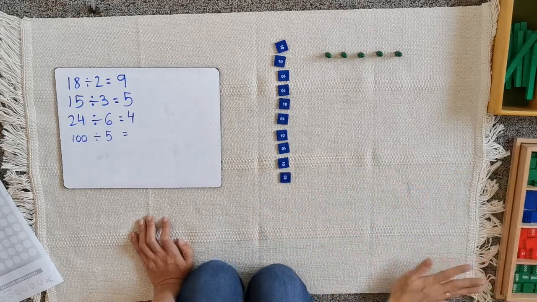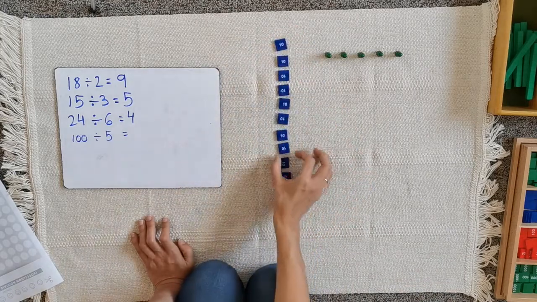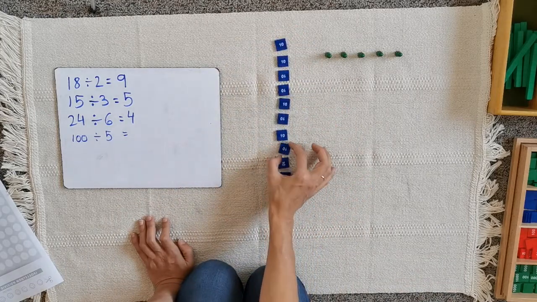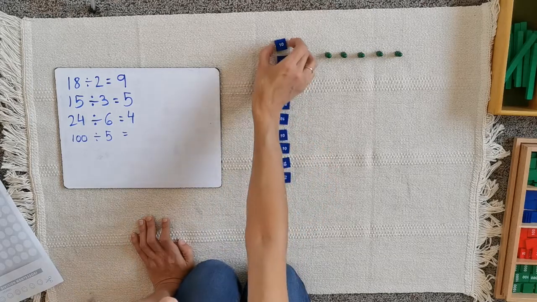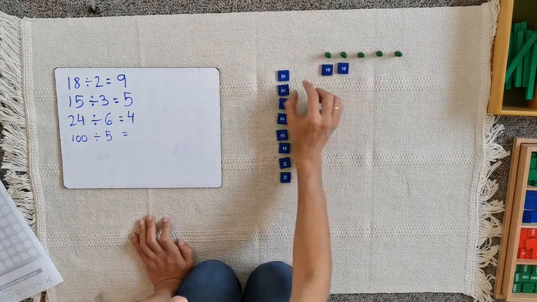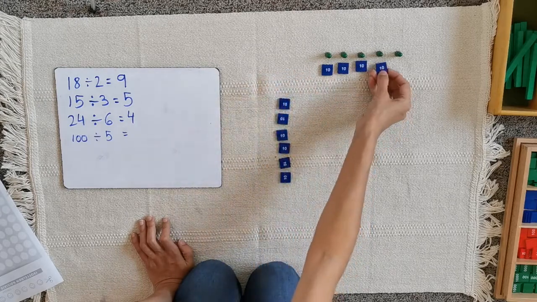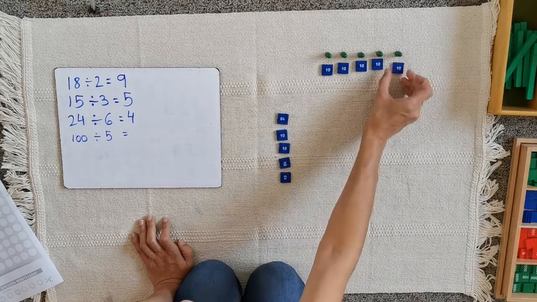Vale. And now let's try if it works with the tens, or if we need to trade for some ones. A ver, I'm gonna give 10 pencils for this class, 10 pencils for the other one, 10 pencils for the next one, 10 pencils, and 10 pencils.